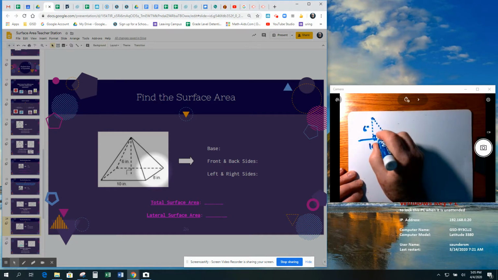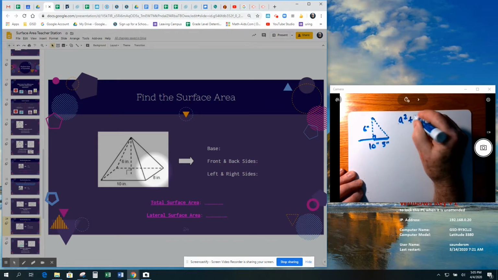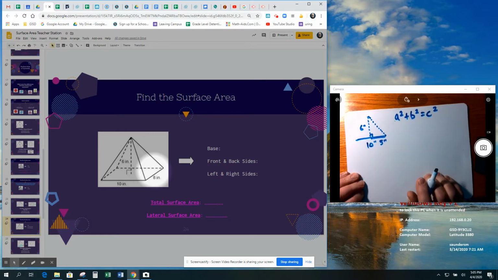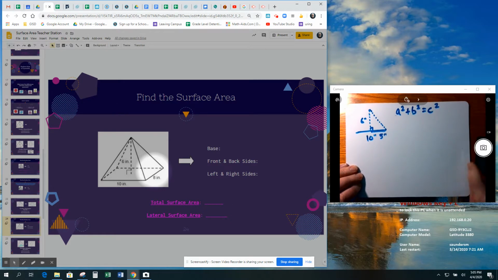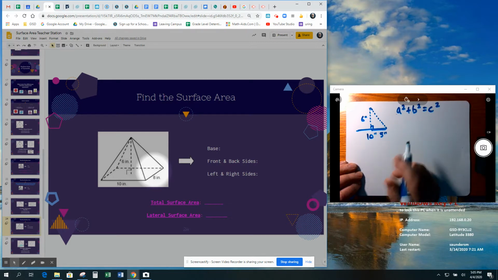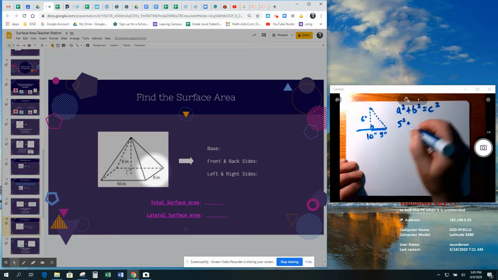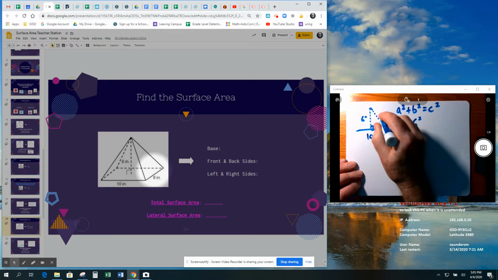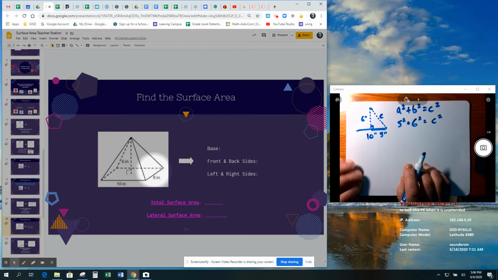If you'll remember, it says a squared plus b squared equals c squared. We used this formula on our Pinewood Derby racetrack problem a month or two ago. So a squared would be 5 squared, b squared would be 6 squared, and c is our unknown. That equals c squared, and that's what we're trying to solve.